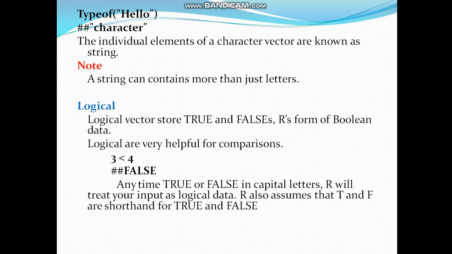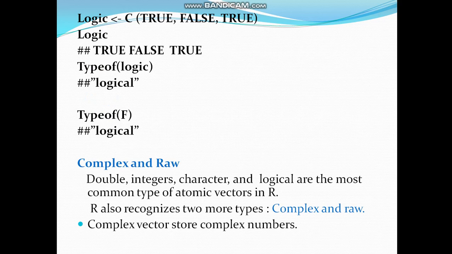R also assumes that T and F are shortened forms of TRUE and FALSE. So the logical vector refers to TRUE, FALSE, TRUE. We get the answer TRUE, FALSE, TRUE. typeof returns logical. So the vector type is logical.